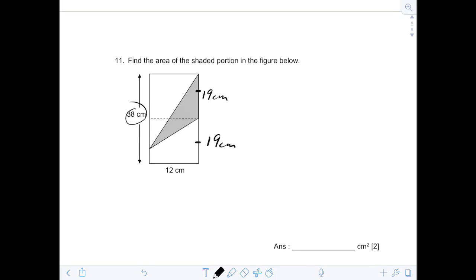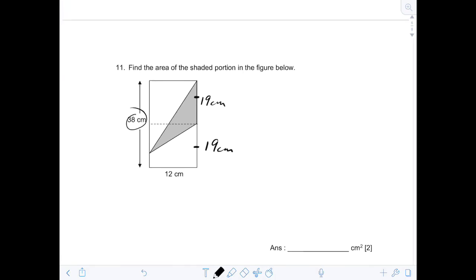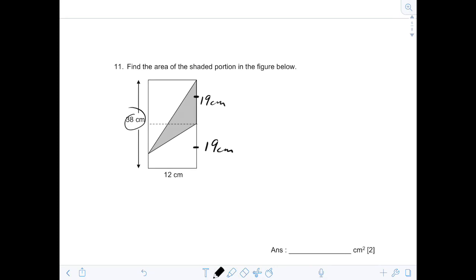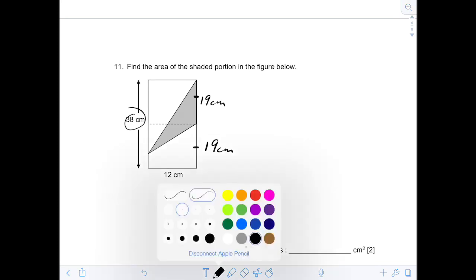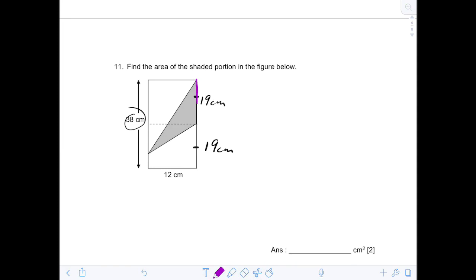Now if you look carefully right here, if you were to turn around this paper, what you will get here is this could have been a base. And if let's say you were to draw a dotted line all the way here, it is at a right angle, and therefore this 12 cm will be the height.